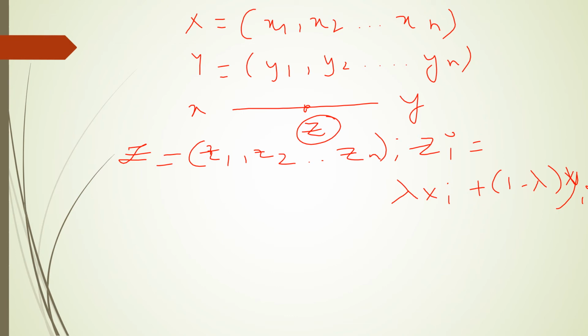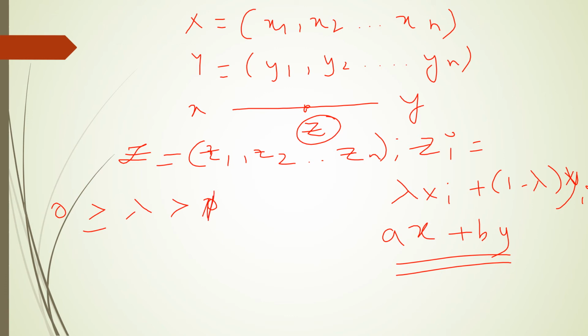So it's similar to ax plus by, which is a line equation, correct? So now we take this lambda as 0 to 1, okay, 0 to 1.